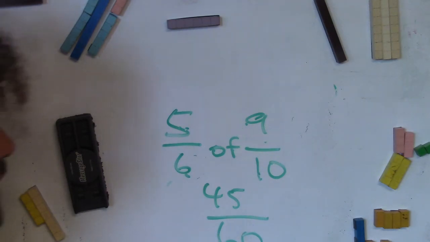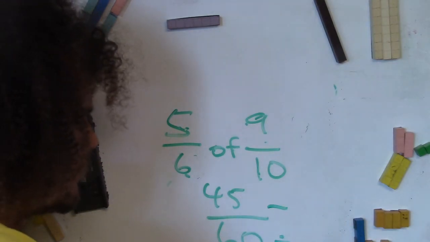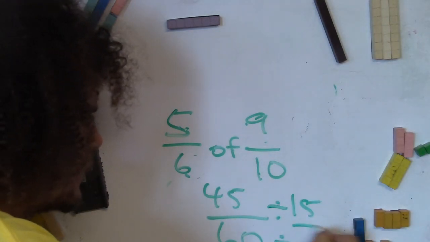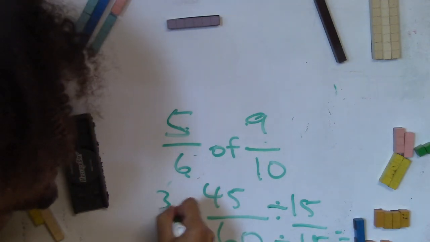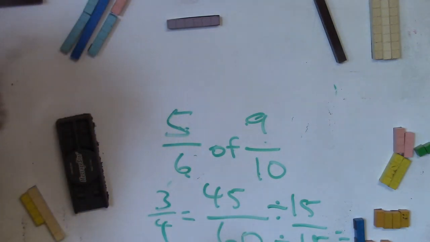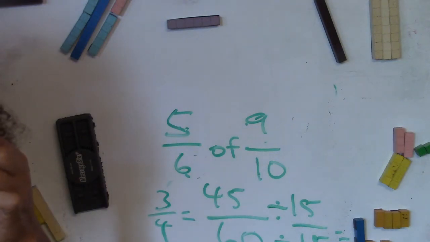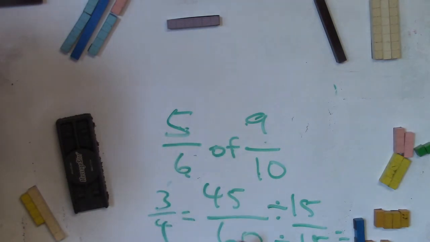So I could just do the 15 thing. That's my 1. And I'm going to wind up with 3/4. That make sense? It does. So 5/6 of 9/10 is 3/4.